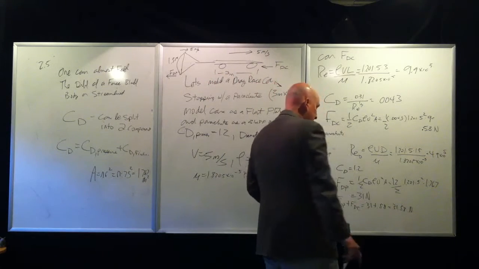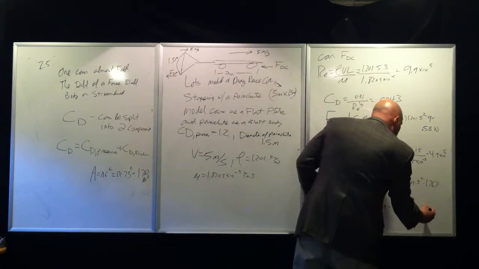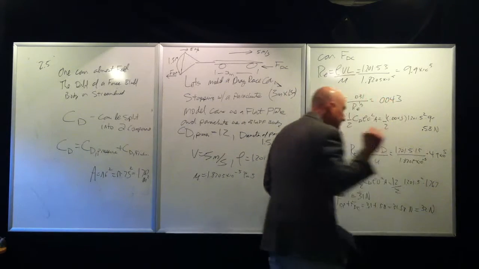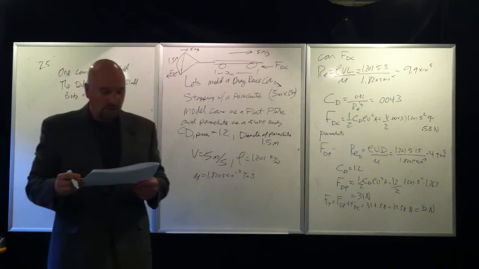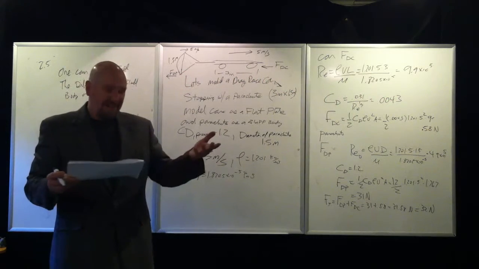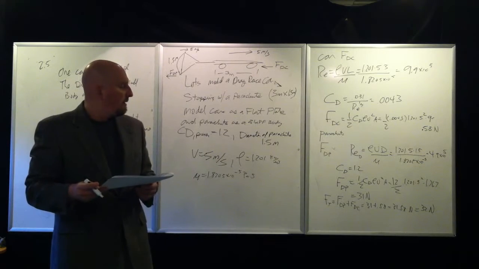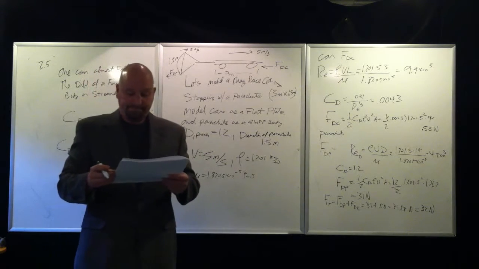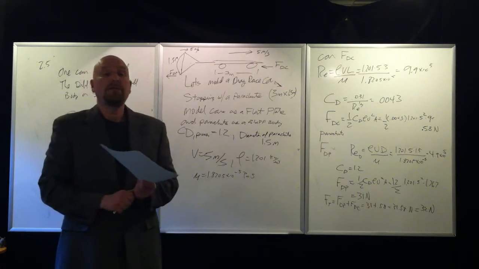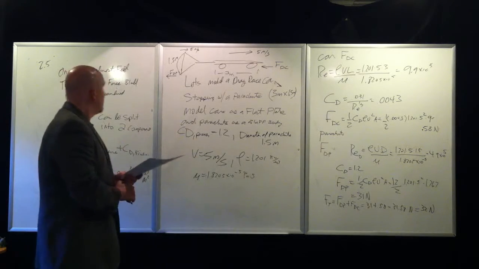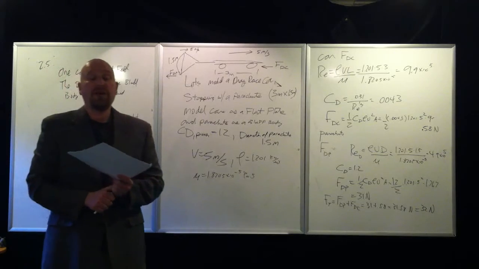So this has 0 decimal places, and you want to round. You get 32 newtons. 32 newtons is the force they would report. But again, it's plus or minus 1 newton. Okay, that concludes the continuation of the calculation of drag forces.